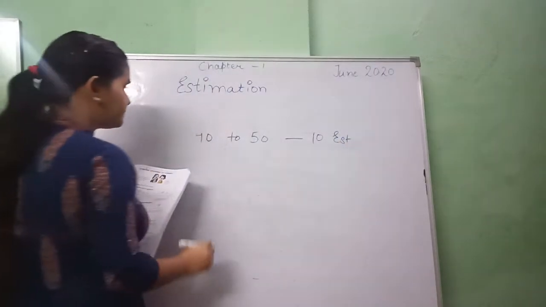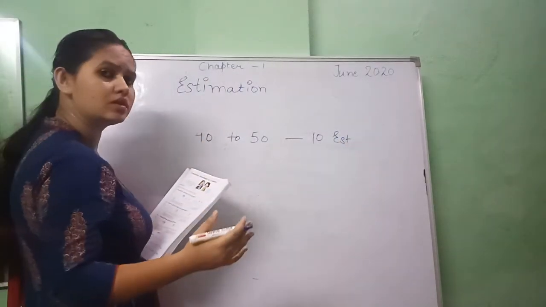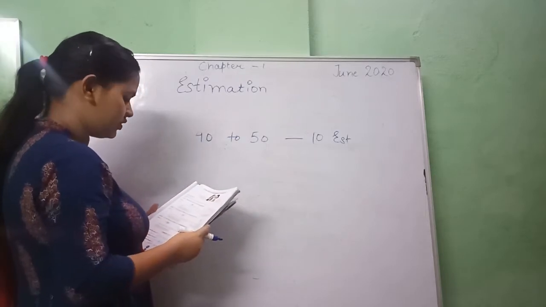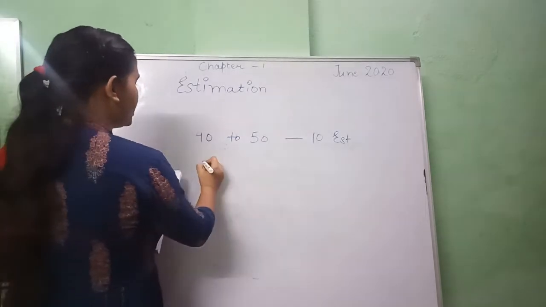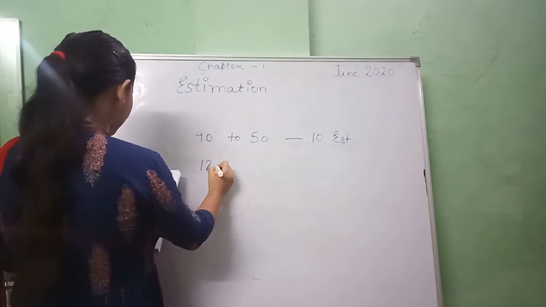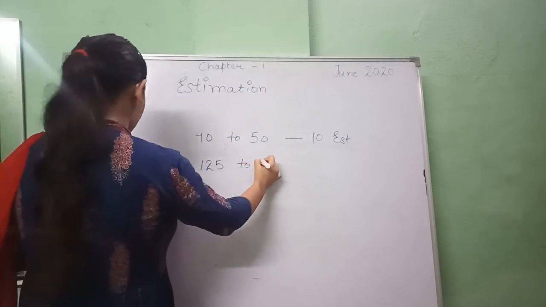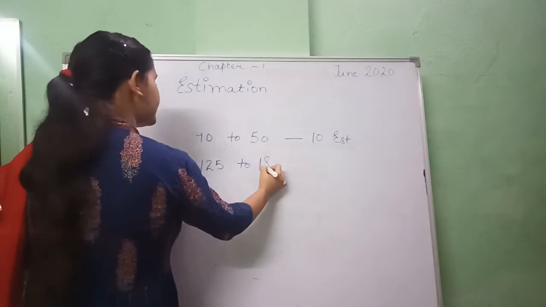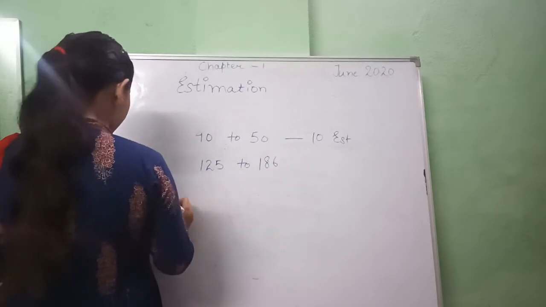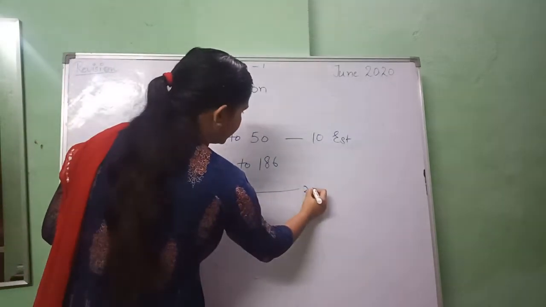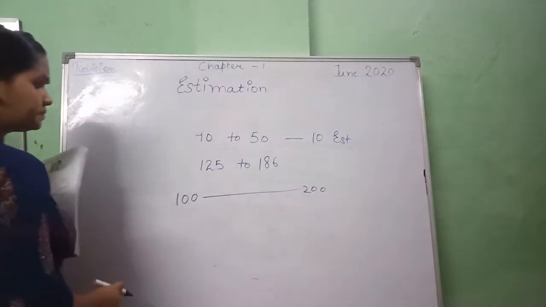Hope you got it. And when we come to nearest 100, if there will be 225 to 186, which will go through 100 to 200, right?